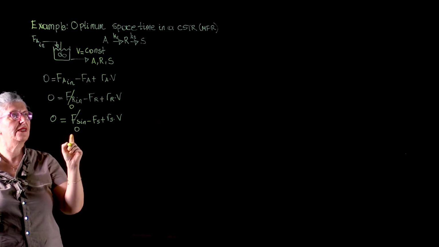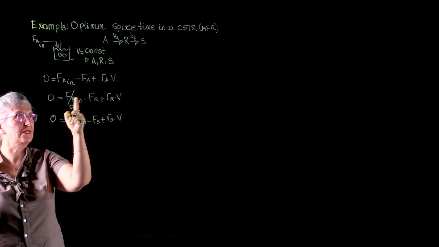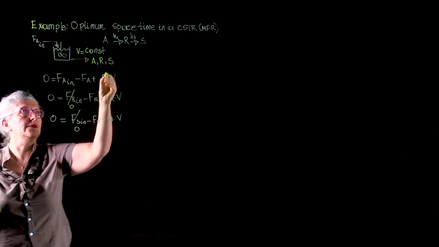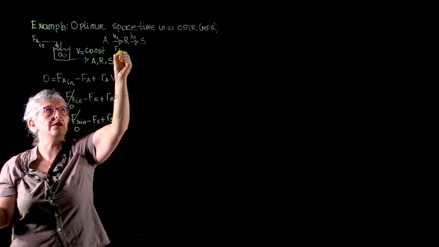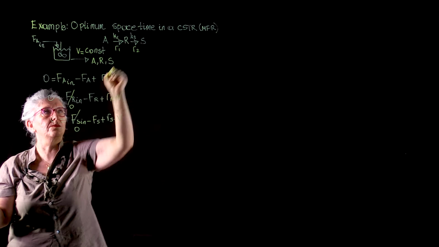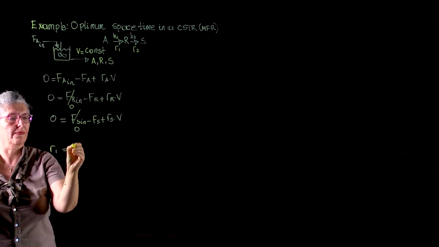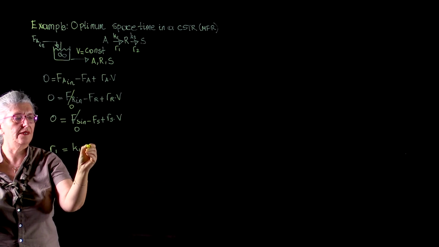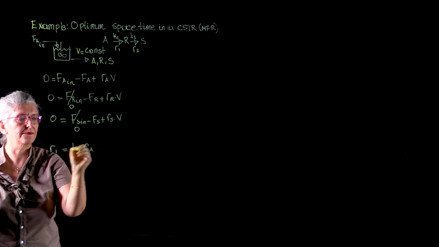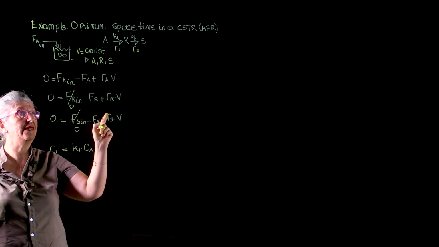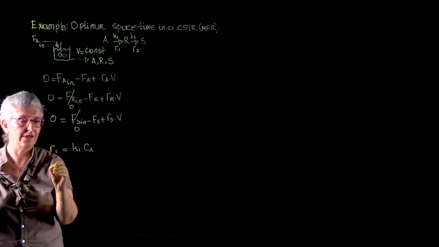So let's generate our rate expressions for this simple reaction network. I will call this R1 and R2. R1 is K1 times Ca, and our reactions are elementary and irreversible.